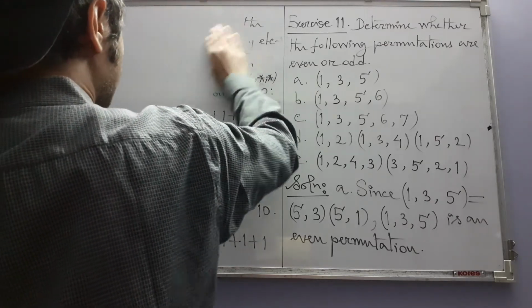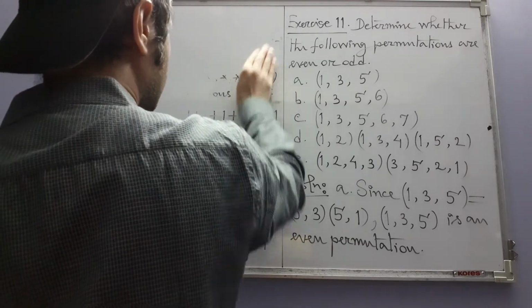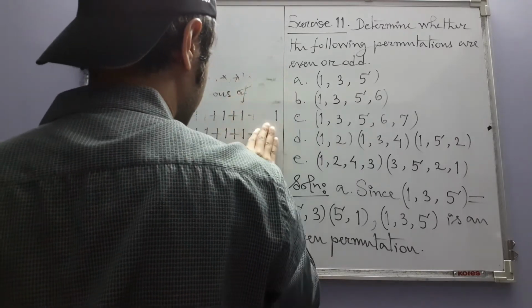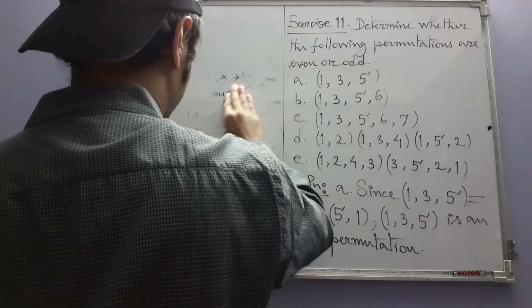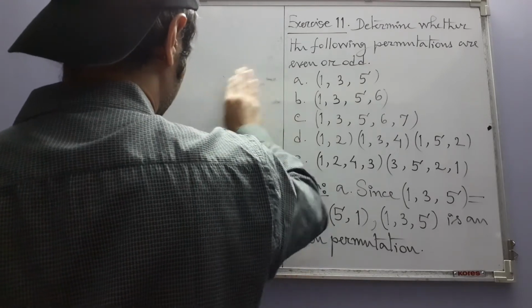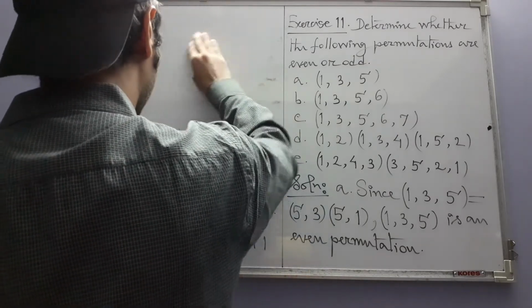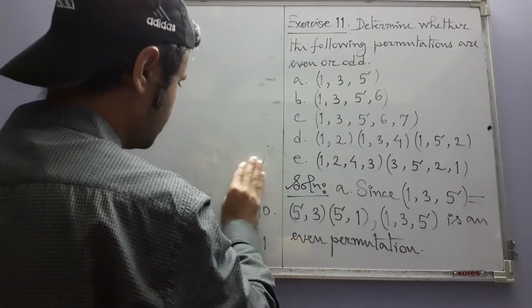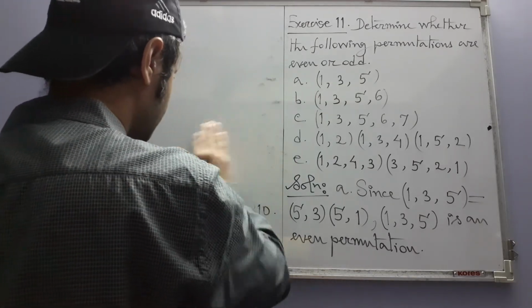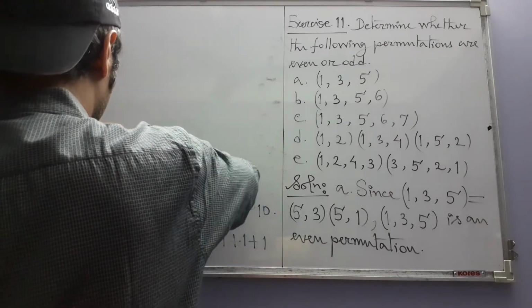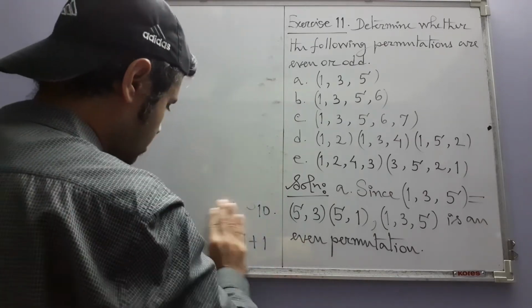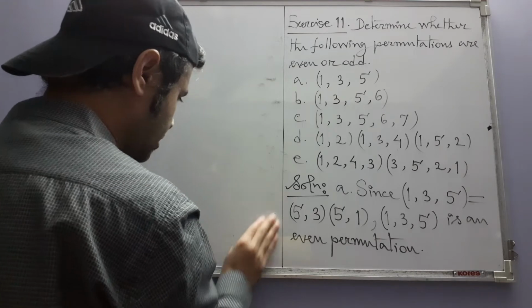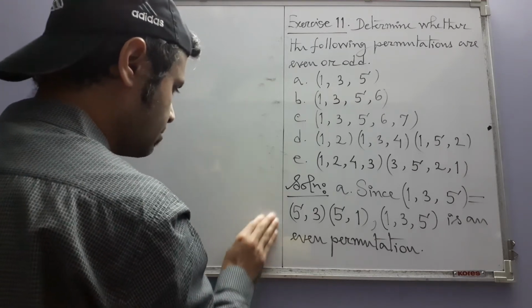This fact is quite fascinating, that in any attempt at writing a permutation as a product of 2 cycles, the product you obtain is not unique.